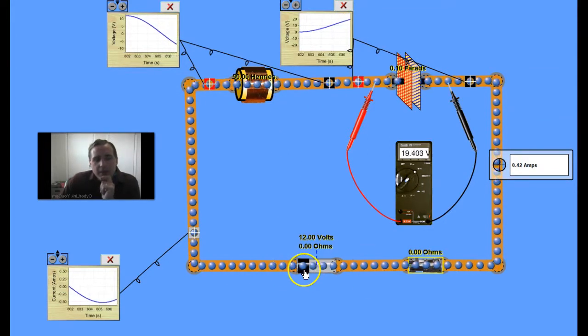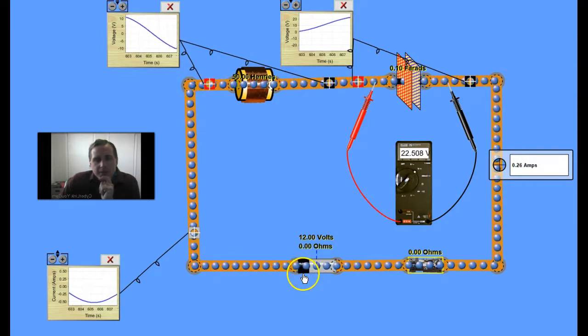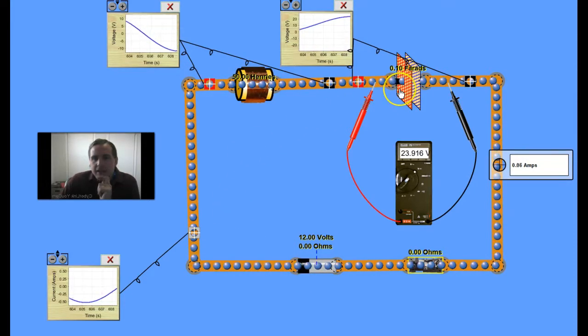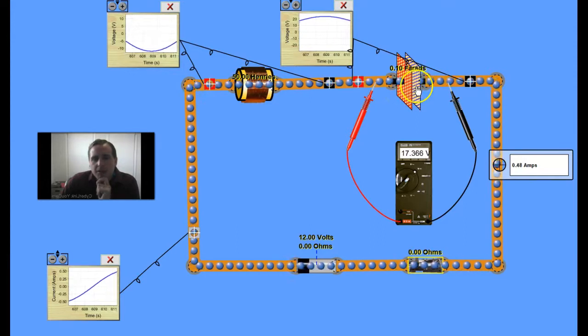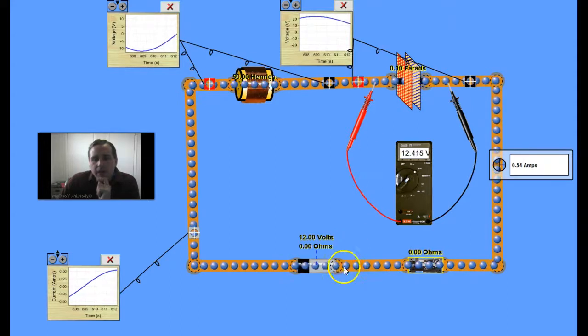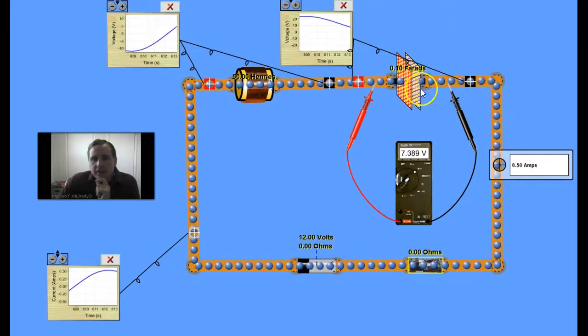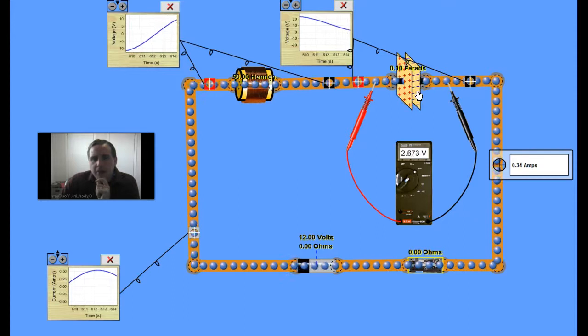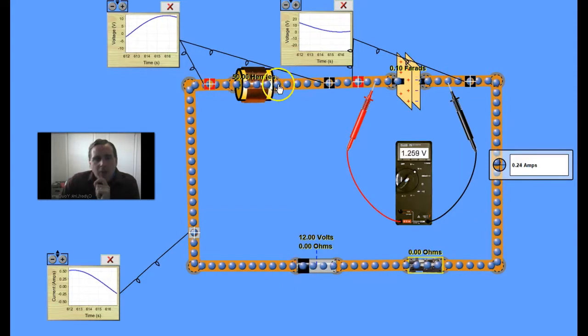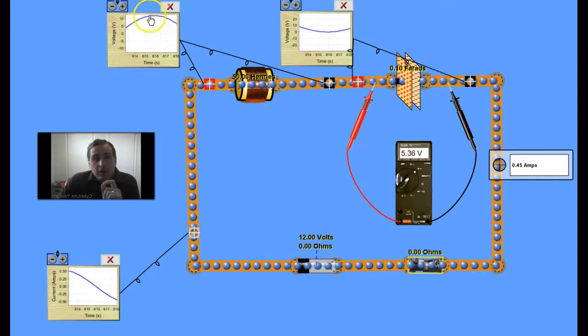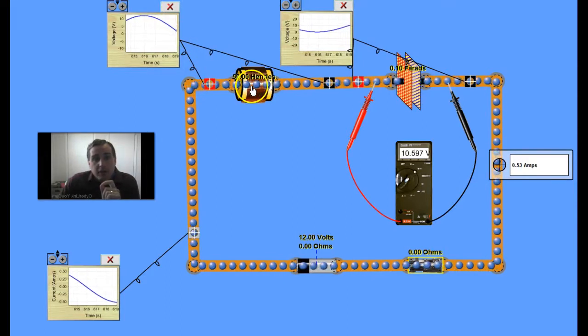The battery has a positive polarity connected to this side of the voltmeter. Notice the negative side of the battery is connected to the negative side of the capacitor here. But notice, at a moment like right now, there's a large voltage across the inductor.